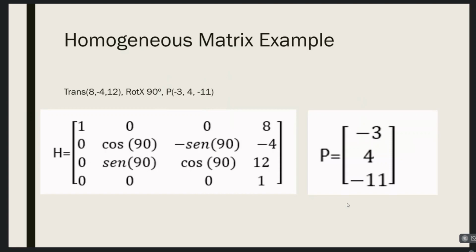We substitute the data in the homogeneous transformation matrix with the indicated translation and rotation in X. We see how the homogeneous matrix will look substituting the 3 by 3 rotation matrix and the translation matrix, in which we have 1 0 0 8, 0 cos 90 -sin 90 -4, 0 sin 90 cos 90 12, 0 0 0 and 1. And we have a point that is -3, 4, and -11. We are going to multiply these two matrices.